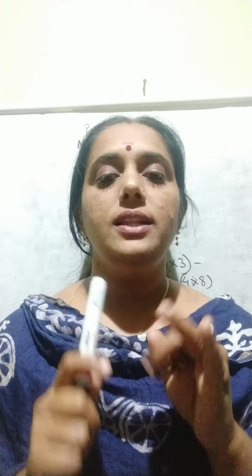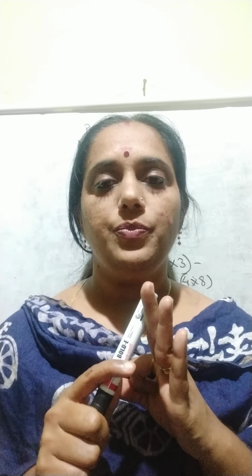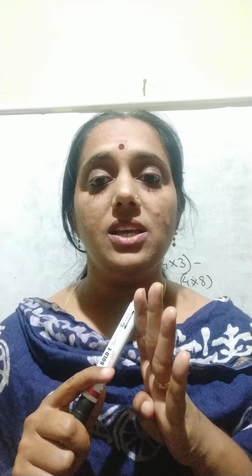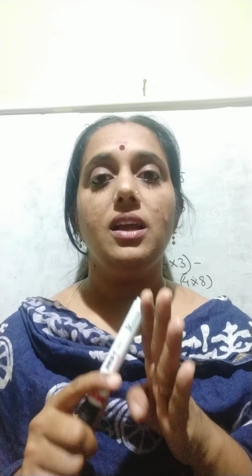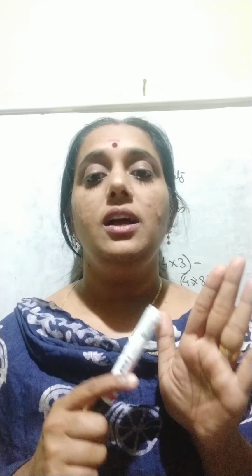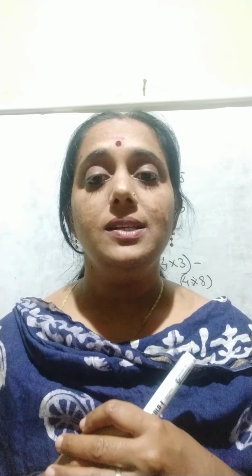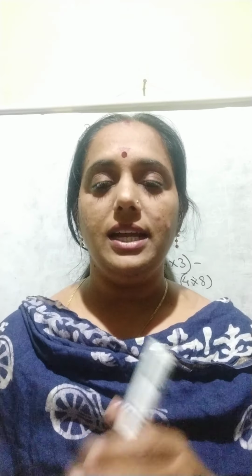Then multiplying by 0, we will get 0 as the answer. Then multiplicative identity. Multiplicative identity is 1. Then associative property is satisfying in case of multiplication. That means we can make the group in an easy method.